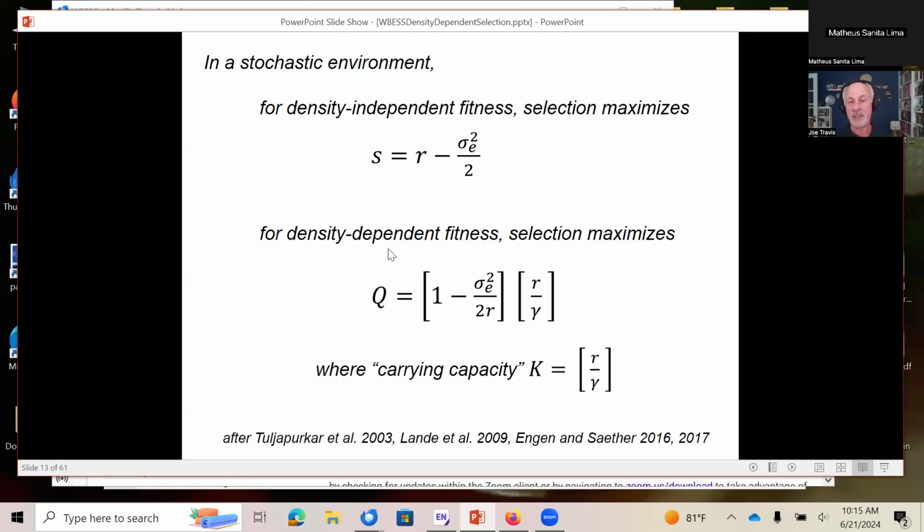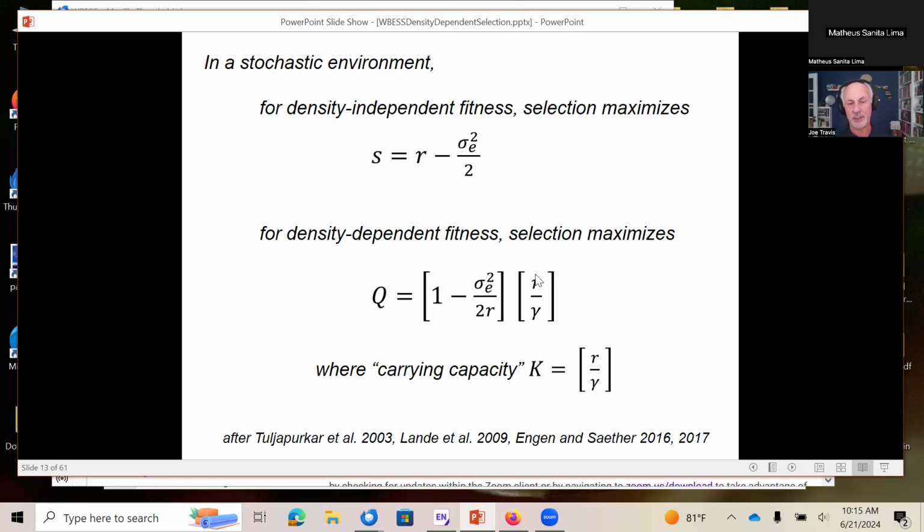For density dependent fitness, selection maximizes this quantity Q, which is 1 minus a discount based on environmental variance times the rate of increase divided by the sensitivity to the depressant effects of density, gamma. And I'm going to come back to that gamma in just a moment. Now, again, if you want to think deterministically, let this be 0.